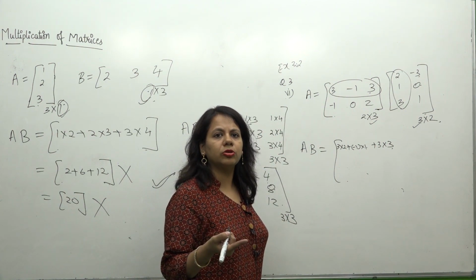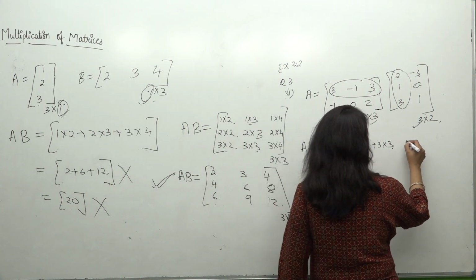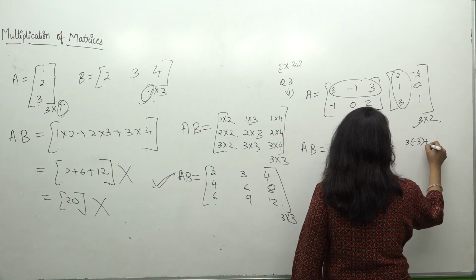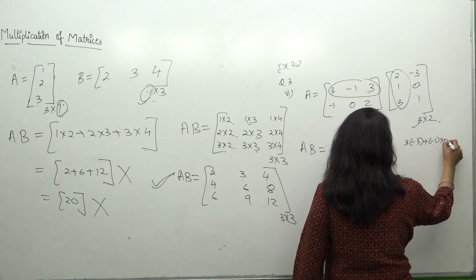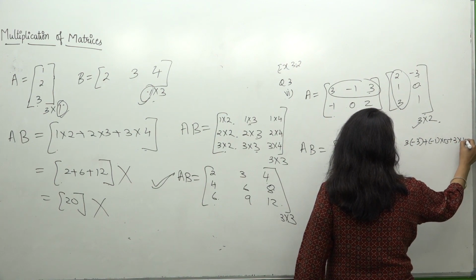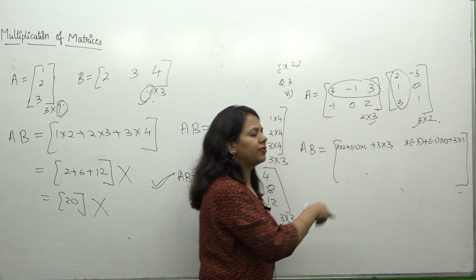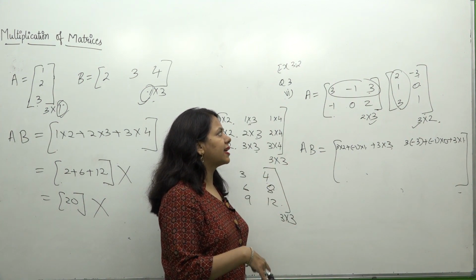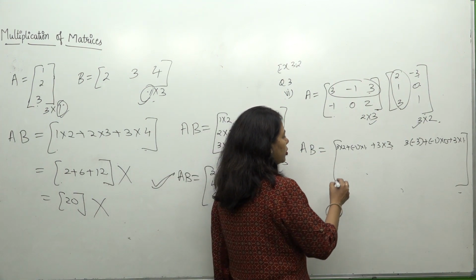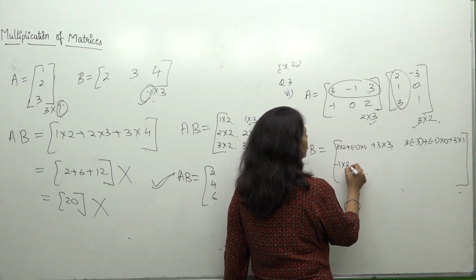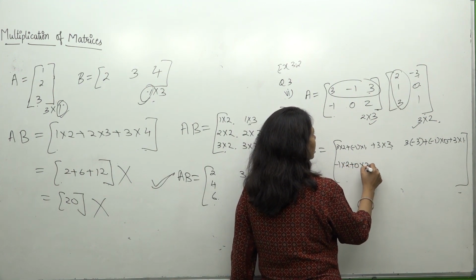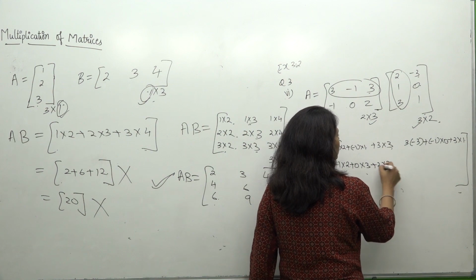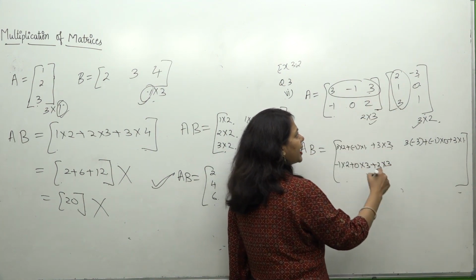Now what? First row, second column. So 3 into minus 3 plus minus 1 into 0 plus 3 into 1. Now I do not have a third column, so I will have to stop over here. Now I move to the second row. Second row, first column. So minus 1 into 2 plus 0 into 3 plus 2 into 3. Now second row, second column.